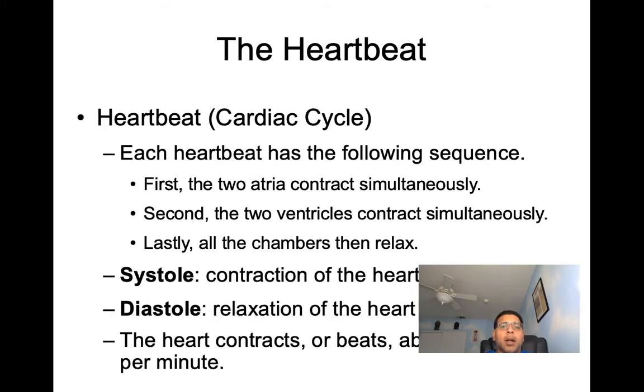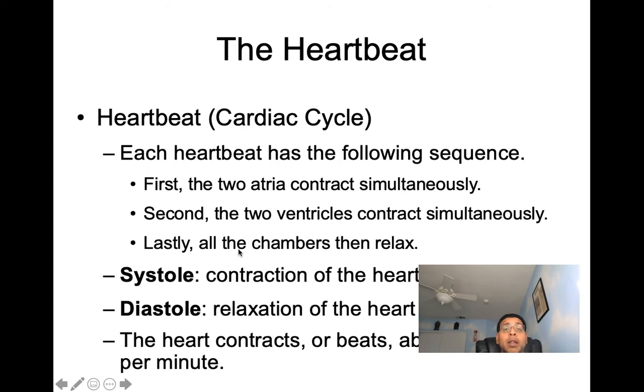All right, next then let's talk about a heartbeat. Now when we talk about each heartbeat, I'd like you to know each heartbeat is called a cardiac cycle. Now when the heart beats, first the two atria will contract simultaneously. Second, the two ventricles will contract simultaneously.